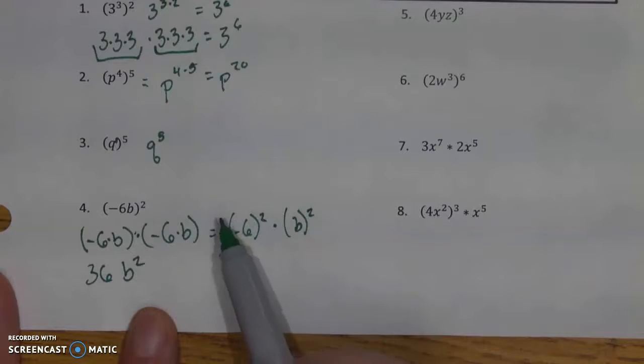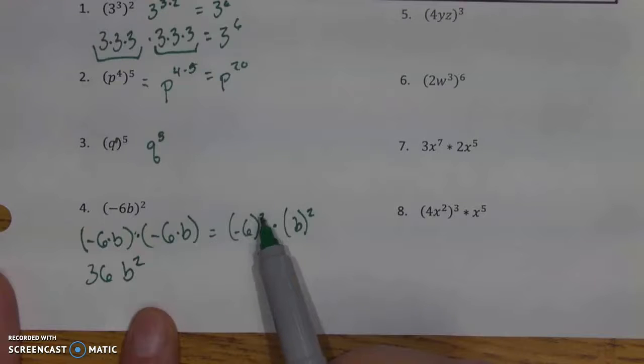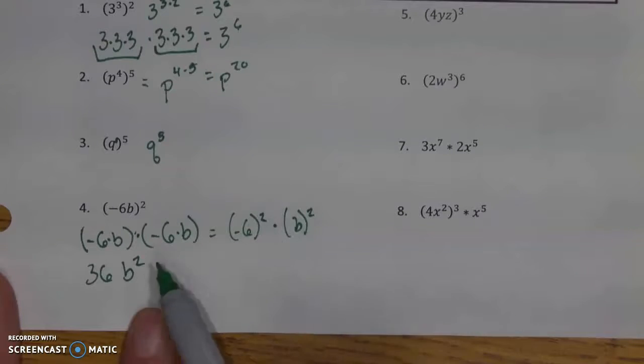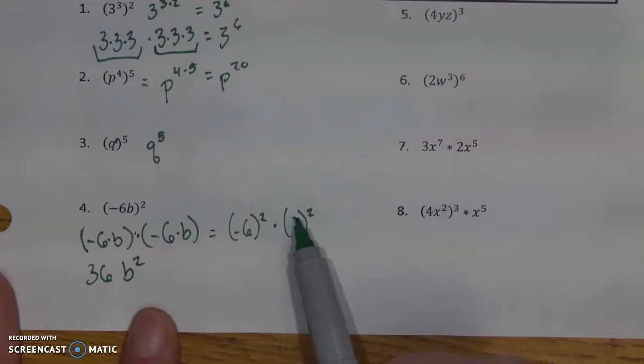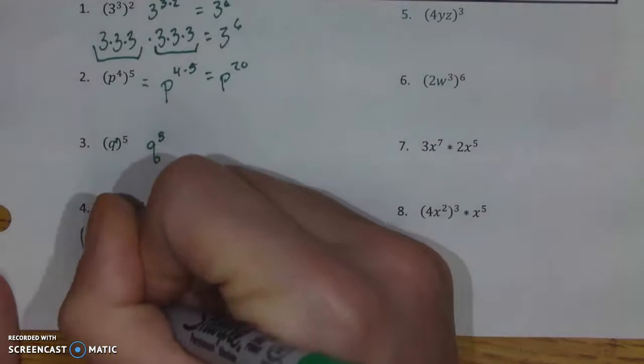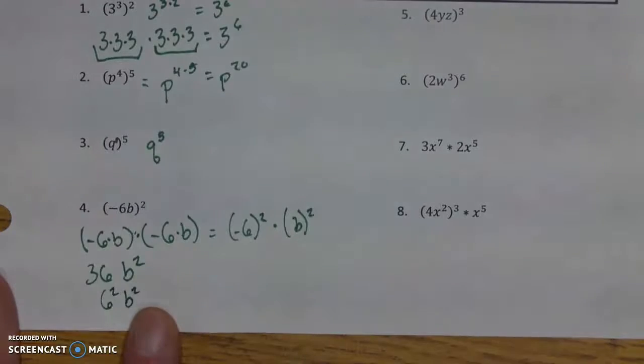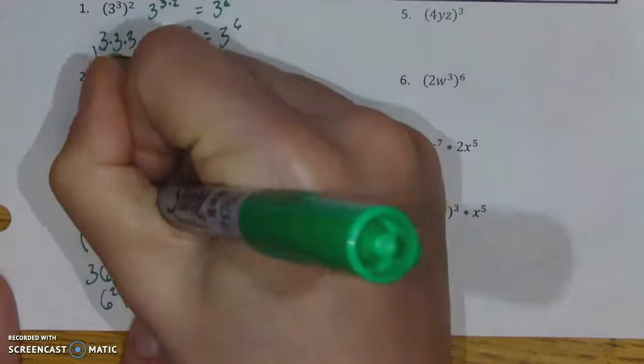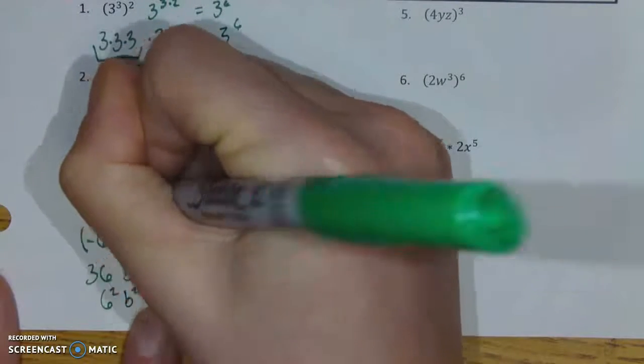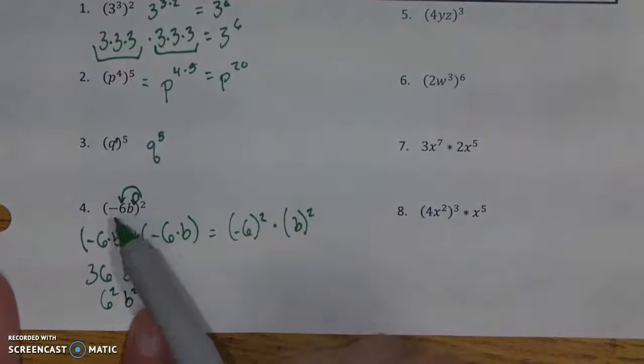Now I did lose my negative because if you multiply a negative by a negative, you will get a positive, so any negative raised to an even number will end up with a positive result. But I could have just as easily left this as 6 squared b squared, which leads us to a new rule. You are allowed to distribute the power within the parentheses as long as it's all multiplication.